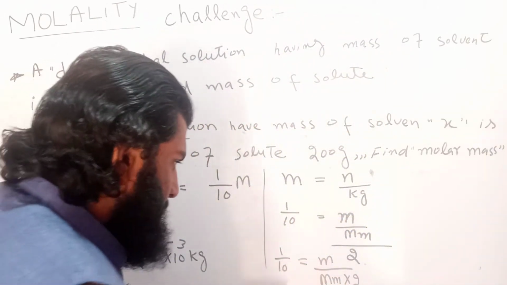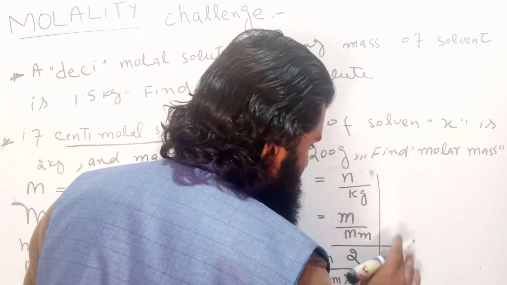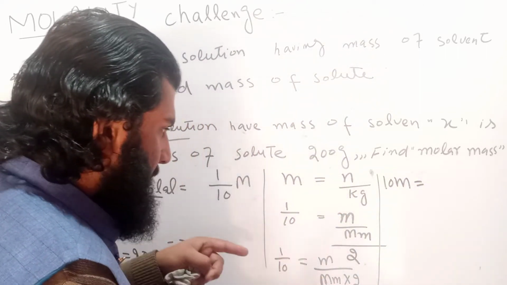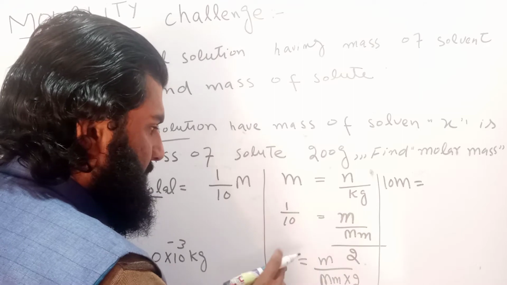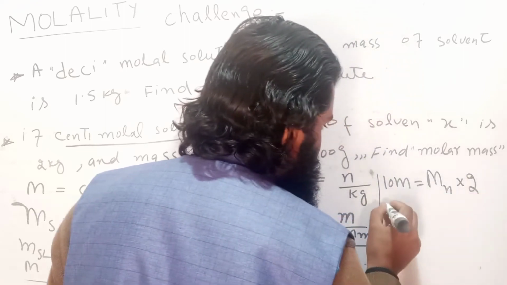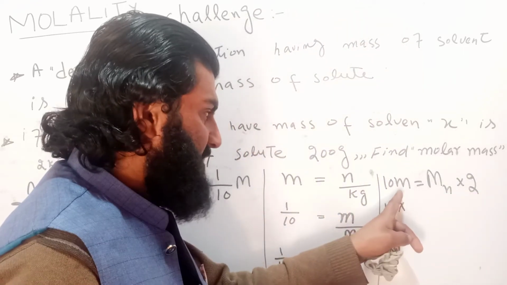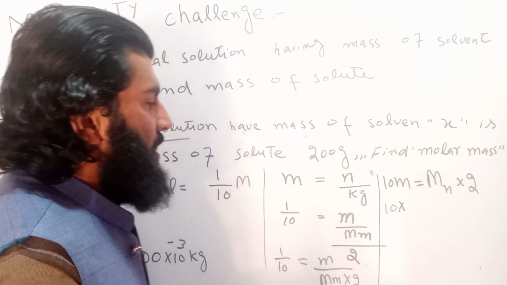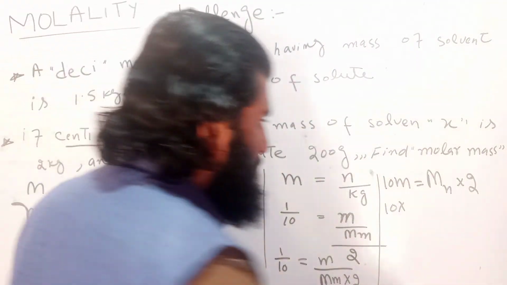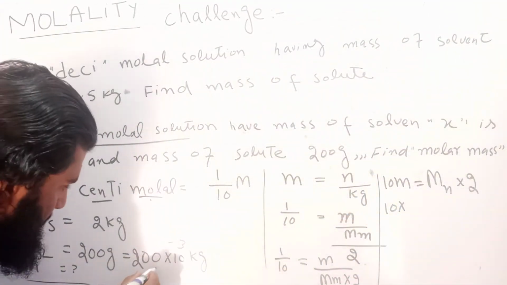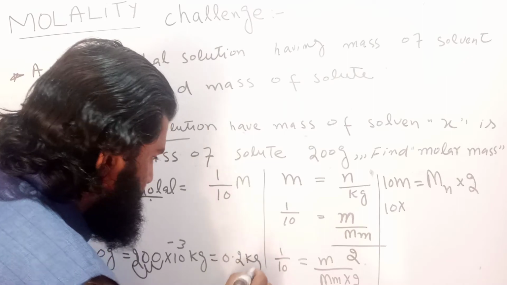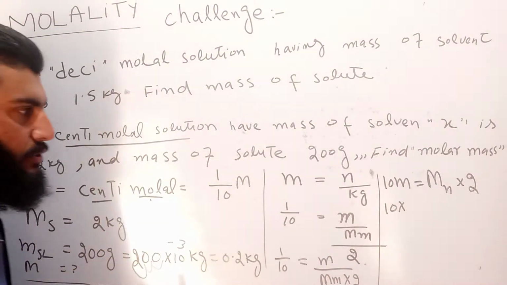By cross multiplication, 10 times the mass of solute is equal to the molar mass multiplied by 2. The mass of solute is 2 times 10 raised to the power minus 1 kilogram, which is equal to 0.2 kilogram.